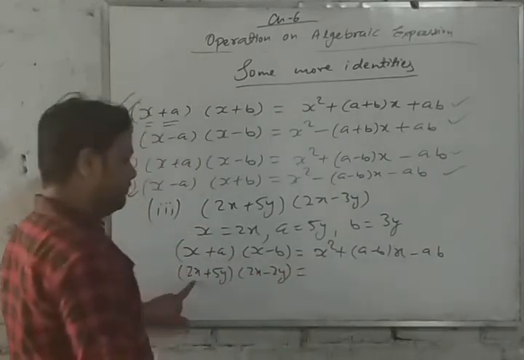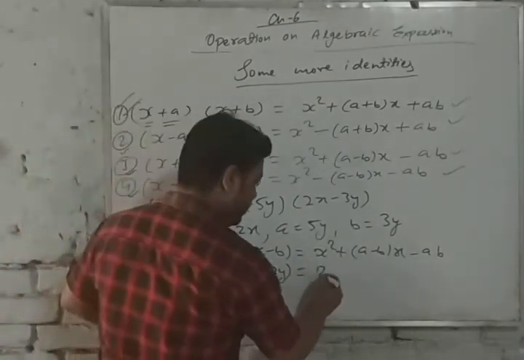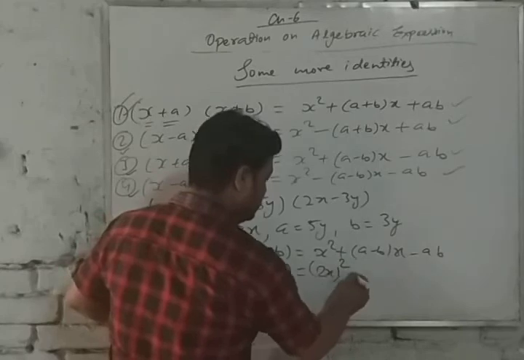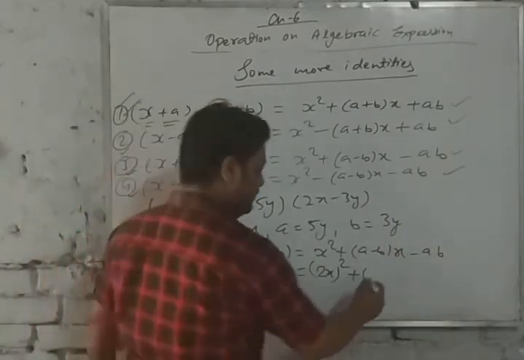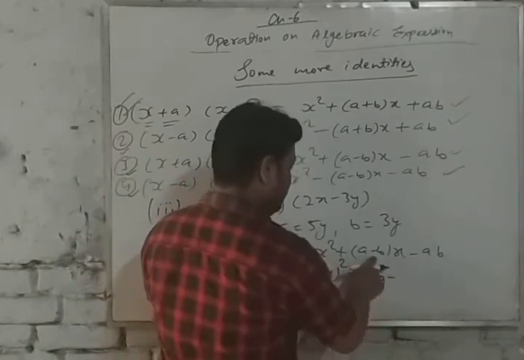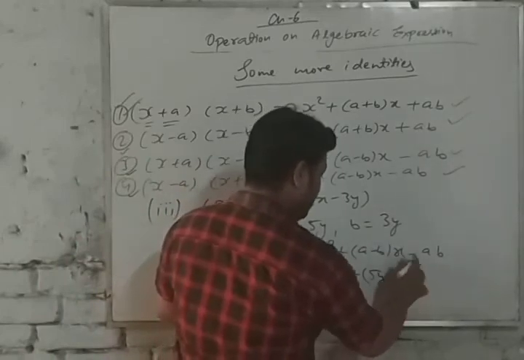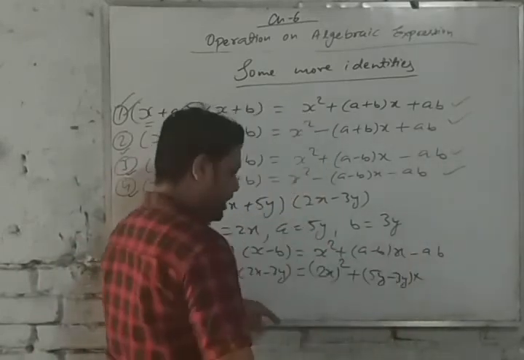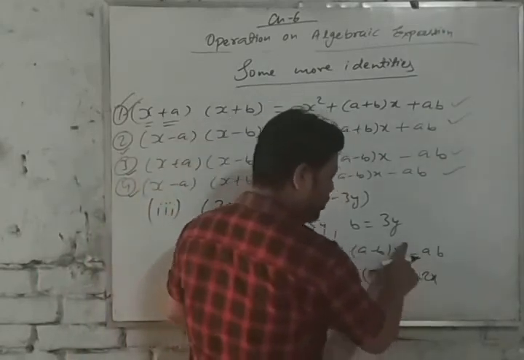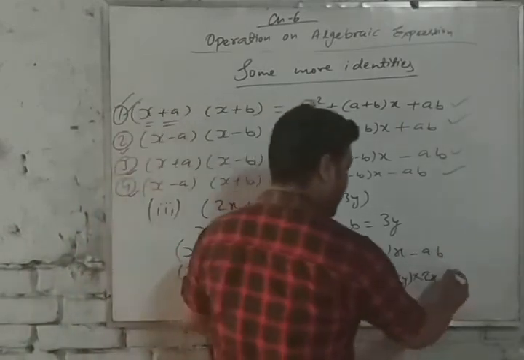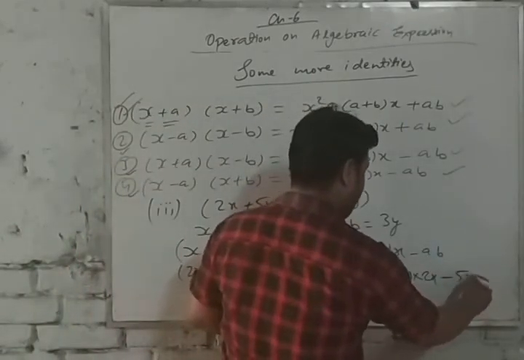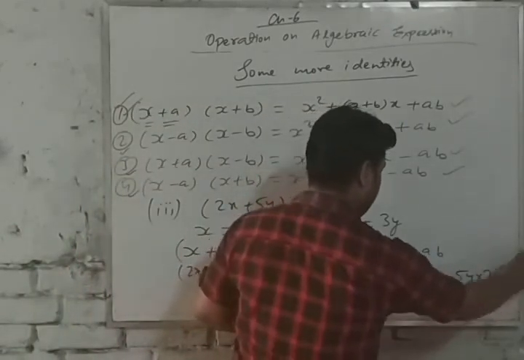Instead of x we will write 2x, and in bracket because it has an exponent. So 2x square plus a means 5y minus b means 3y into x, it means again 2x we will write. It has no exponent, so it is not necessary to keep it in bracket. Then minus a 5y and b 3y.